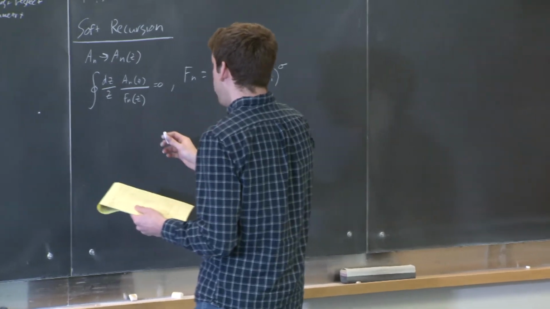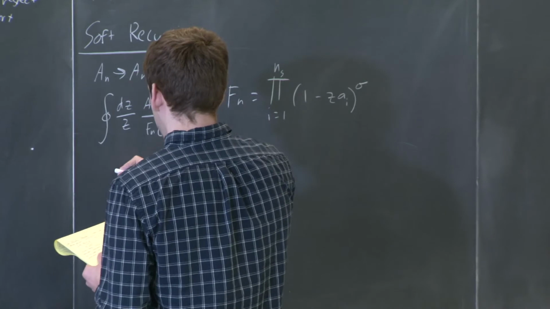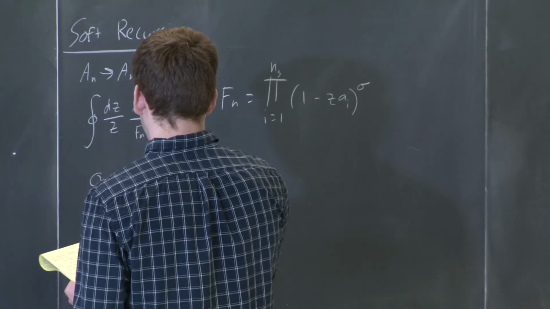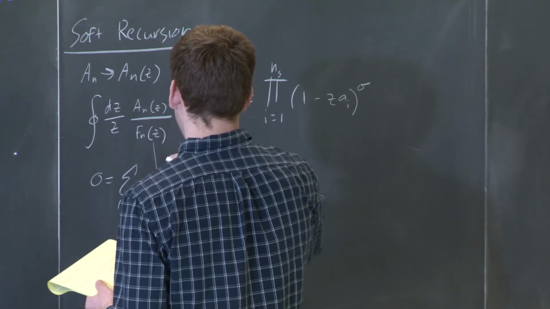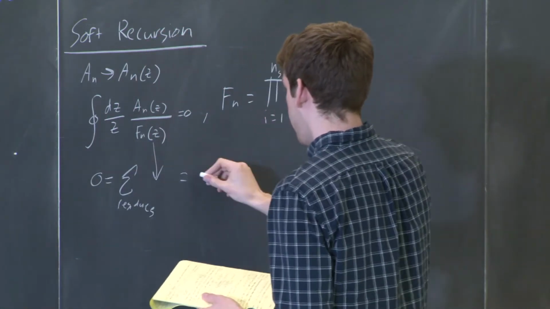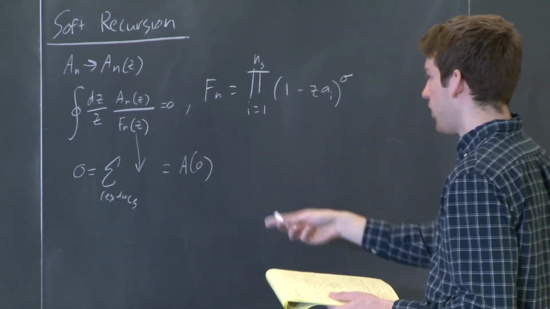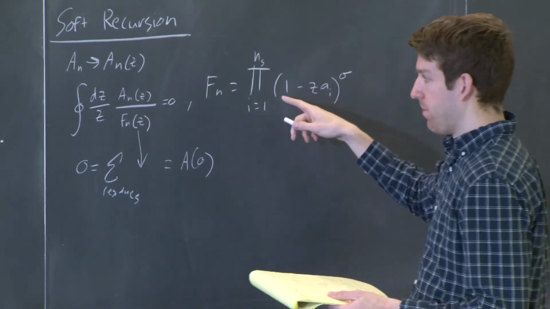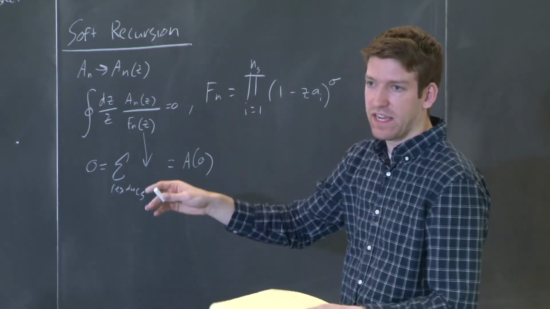We use the residue theorem. So we see that there's obviously a pole at 0, and we have 0 equals the sum of residues of this, and then there's the pole at 0. This fn of 0 just becomes 1, and then this a of 0 is constructed such that this is exactly the amplitude you're interested in.